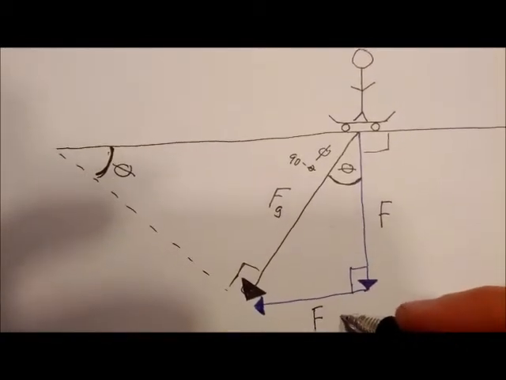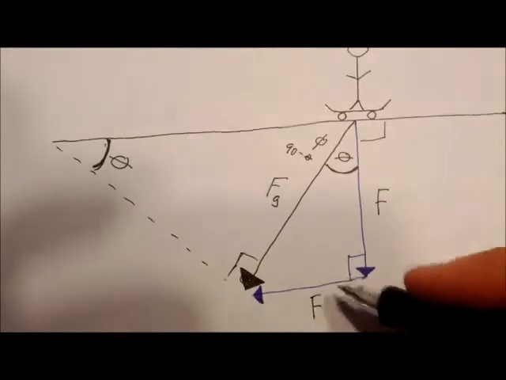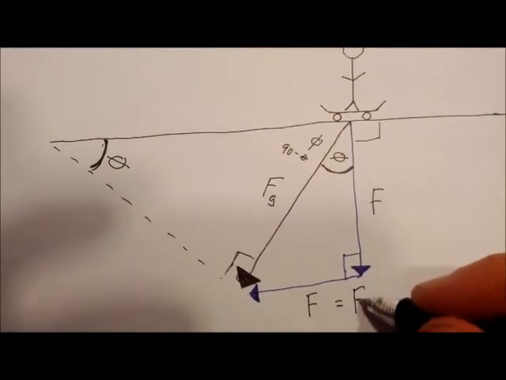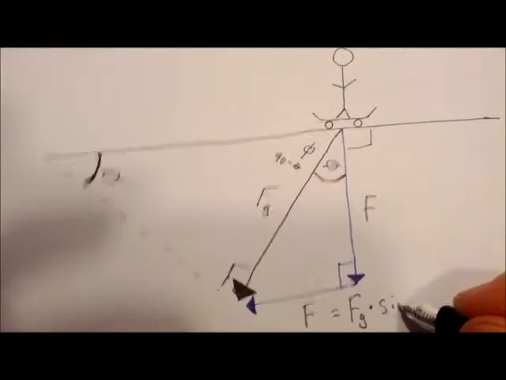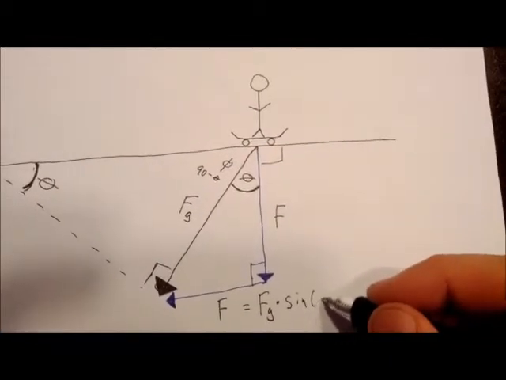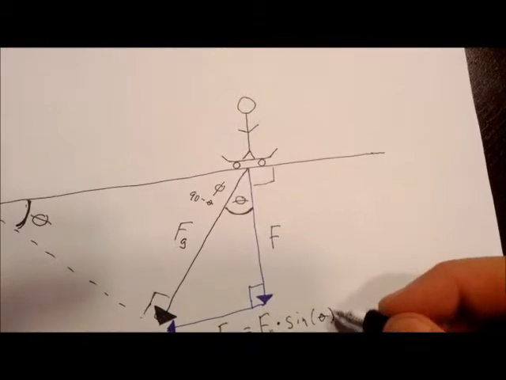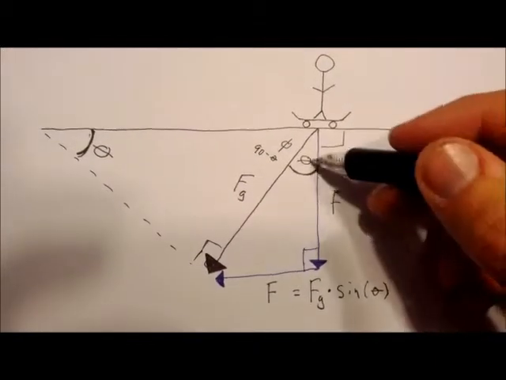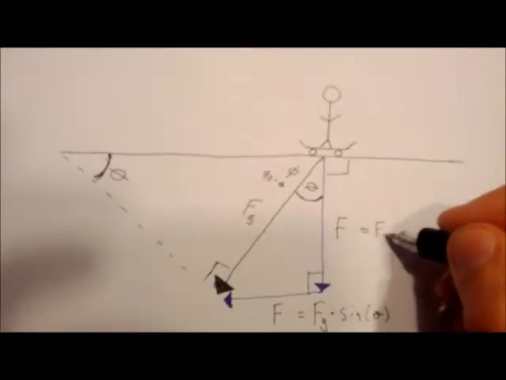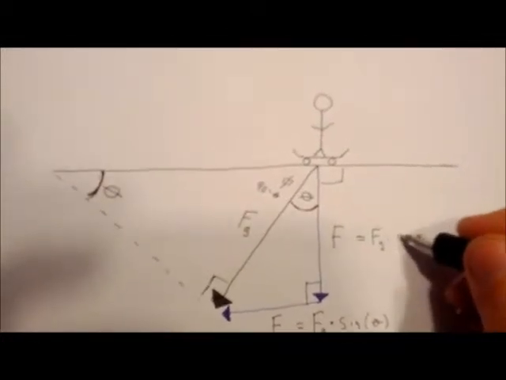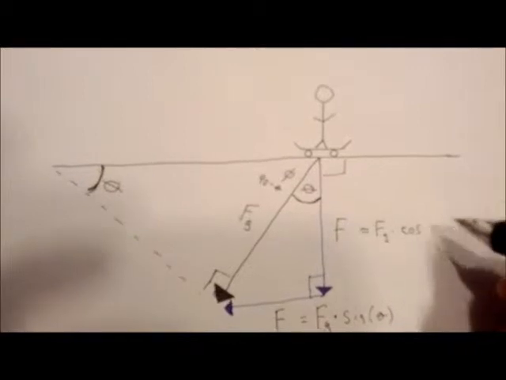Where over here, since I am opposite the angle, the piece of Fg I get is equal to Fg times sine of my angle. Since this force is next to the angle, it is equal to Fg times the cosine of my angle.